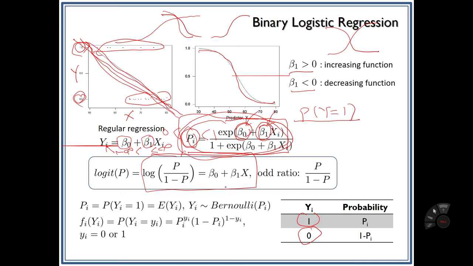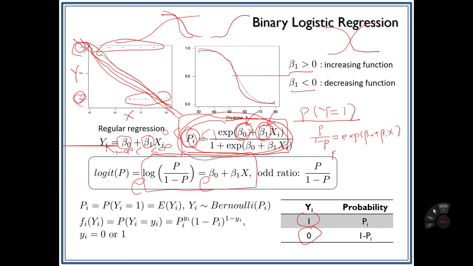Actually, you can easily see that these two equations are equivalent by taking the exponential on both sides. Then the left-hand side becomes p over 1 minus p, and the right-hand side becomes exponential of beta 0 plus beta 1 x. Let me show you that. P over 1 minus p equals exponential of beta 0 plus beta 1 x.